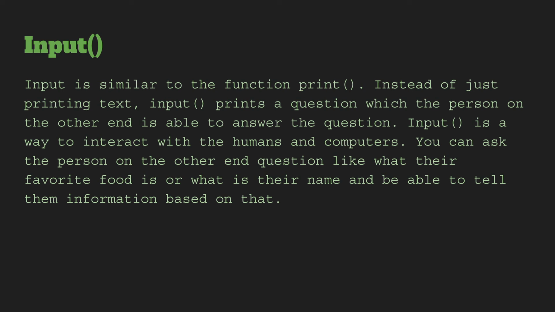You can ask the person on the other end questions, like what's their favorite food, or their favorite movie, or their name, and they'll be able to tell you information based on that. Now we're going to see how input works in all different Python versions. Maybe it's the same thing, maybe there's nothing different at all, or maybe it's totally different, just like print. Let's go find out.